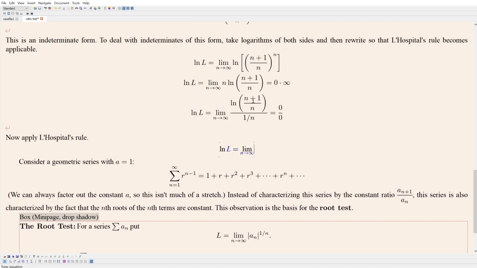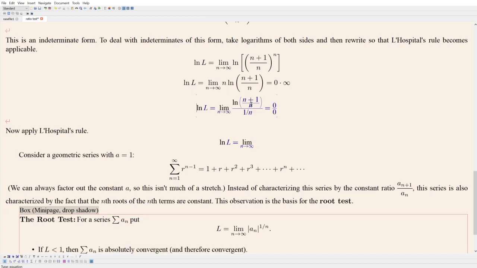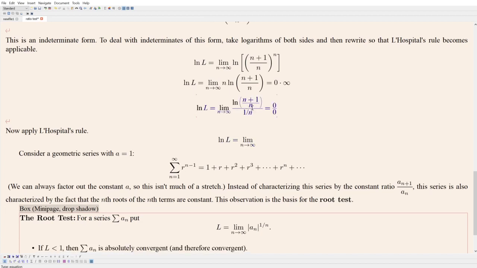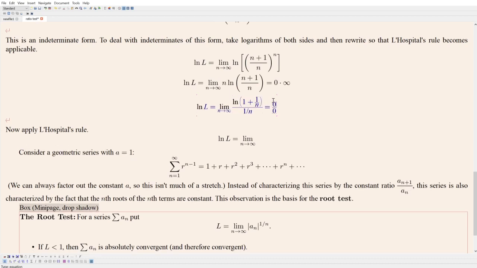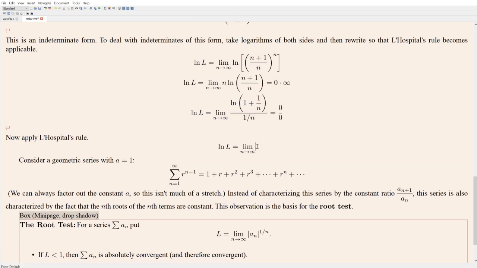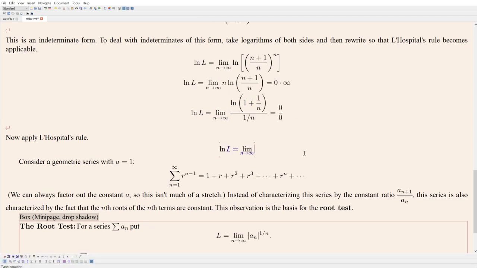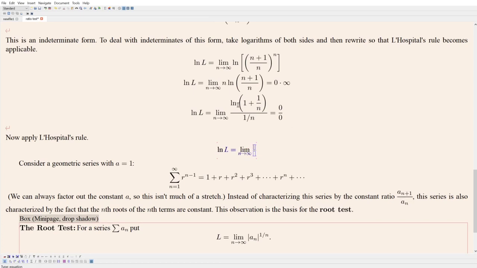So what's the derivative of the top? You know what? This is annoying me a little bit. Instead of (n plus 1) over n, let me just divide at the top. Let me just divide by n there, so that I get 1 plus 1 over n instead. There. That way I won't have to take the quotient rule, right? Because that's ugly. Okay. So what's the derivative of the top?